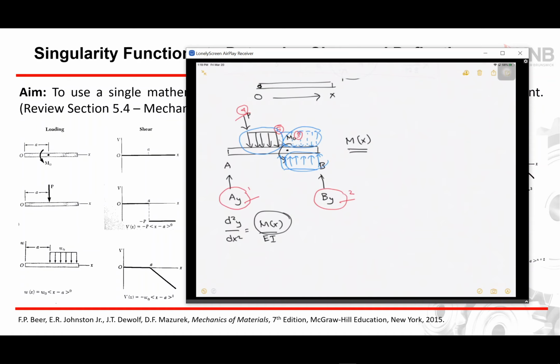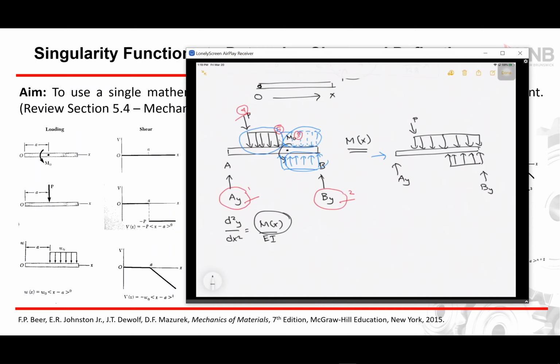Which means in order for me to solve this problem, I'm going to get a beam which would look like this. So now this one would be my distributed load. Now I have another force here to cancel out the force on top. I have AY right here. I have BY right here. I have P right here.